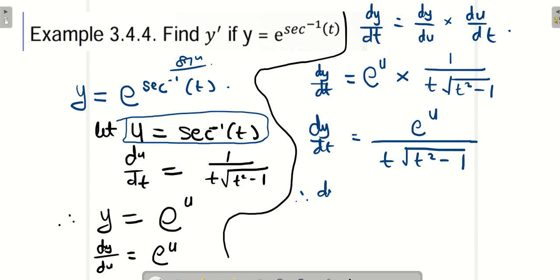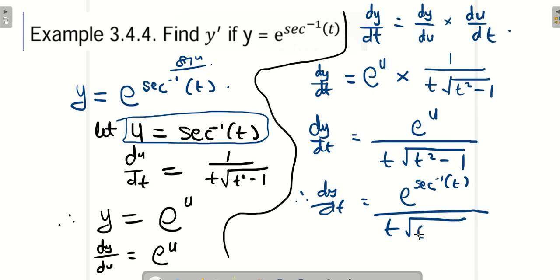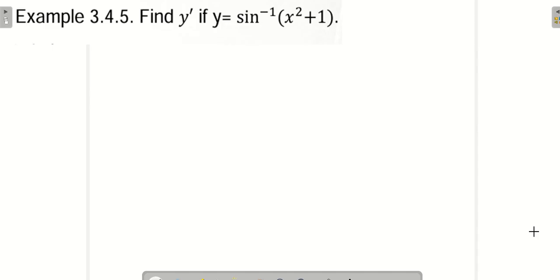Therefore, dy dt is equal to e to the power sec inverse of t, then all over t root of t squared minus 1. And that is the final answer. Let's look at our last example.